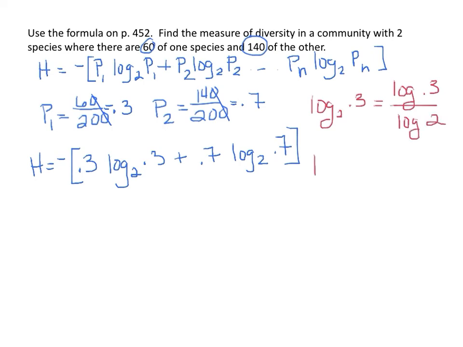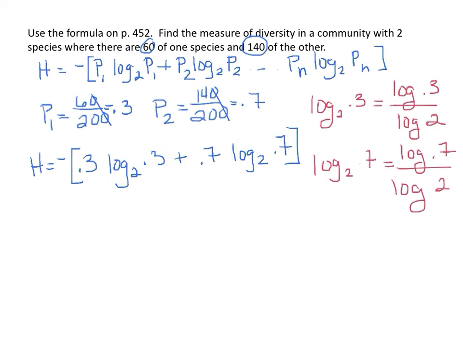And then log base 2 of 0.7 will equal log base 10 of 0.7 over log base 10 of 2. So I'll actually put these into my calculator first and then substitute that in for these.